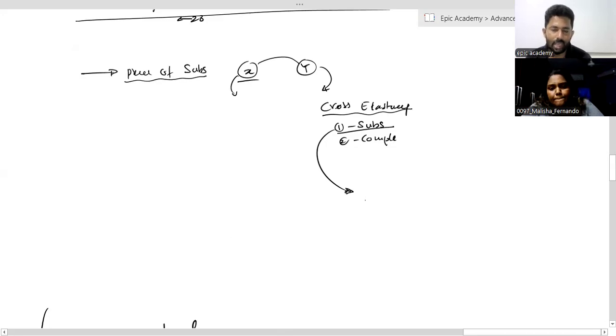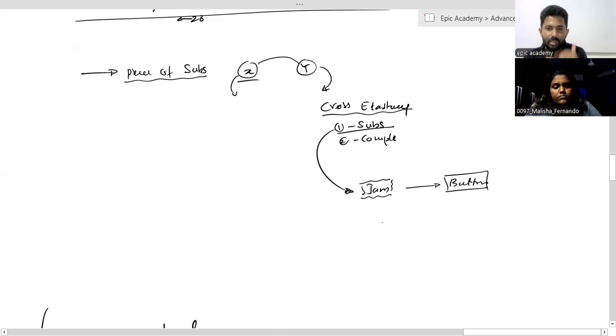Substitutes. As an example, just consider jam, any kind of jam, maybe pineapple or wood apple. And one person uses jam or butter or margarine or something like that to consume breads. So the combination between bread and jam becomes complementary.